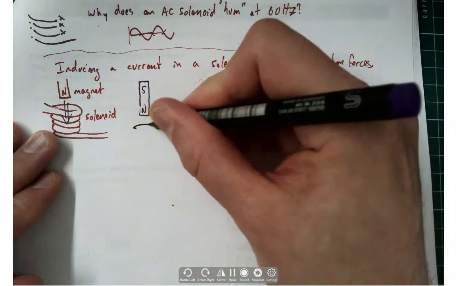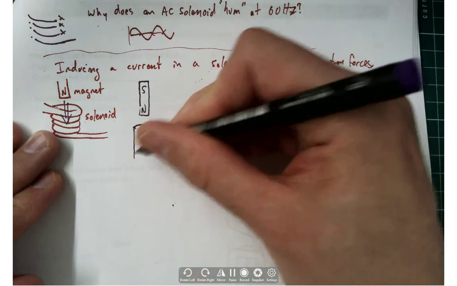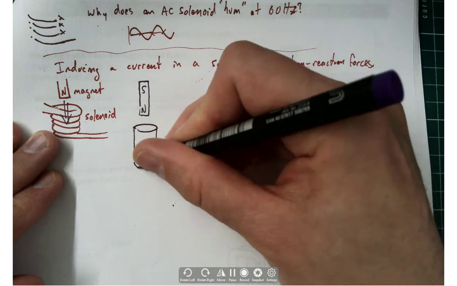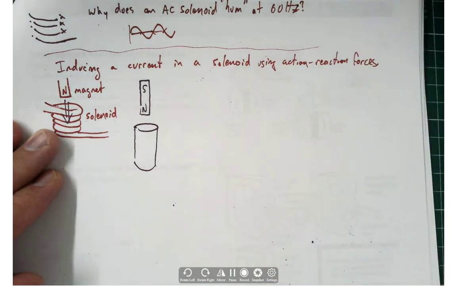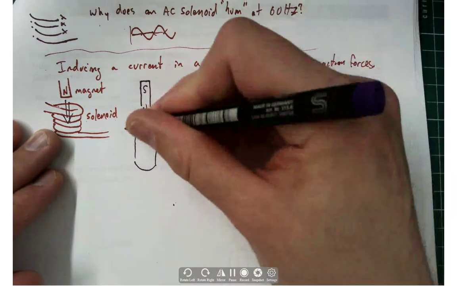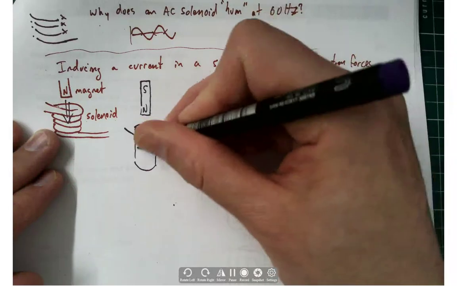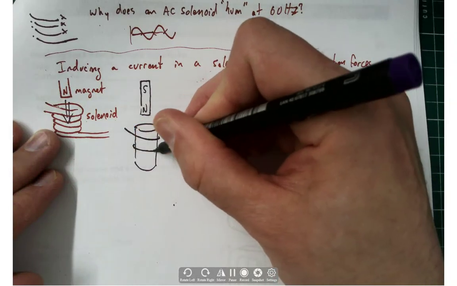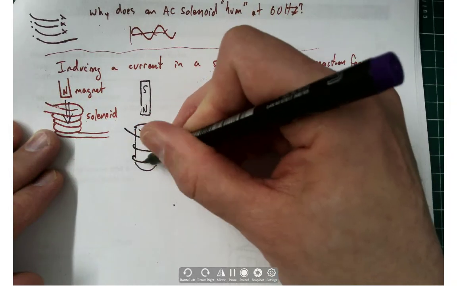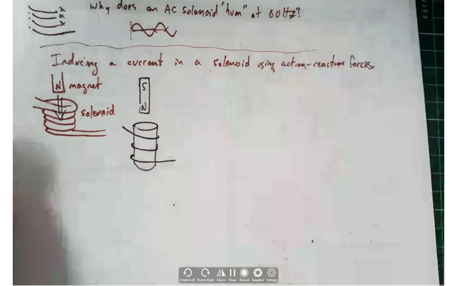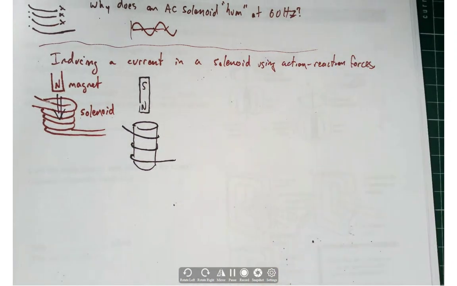For those of us that aren't artistically inclined, let's draw ourselves a toilet paper core. Keep this three-dimensional. We'll have our current coming in, we'll have our wire coming in. Make it nice and simple. We'll just make this be a 3-wrap wire. And here comes the action.